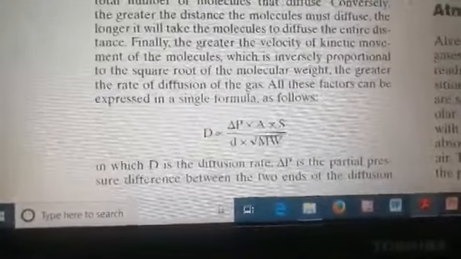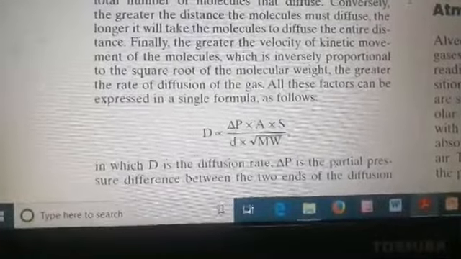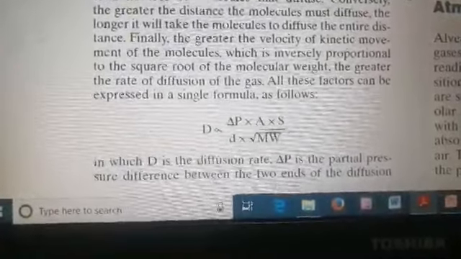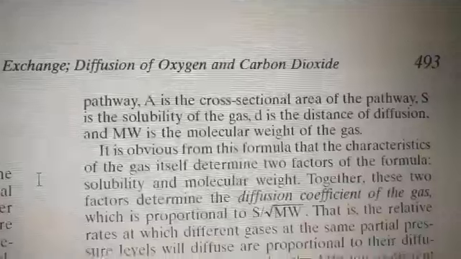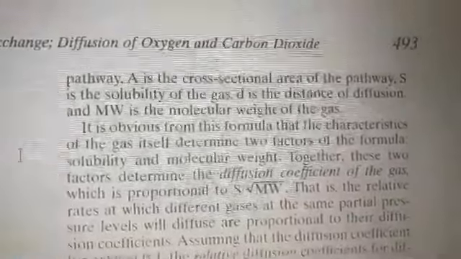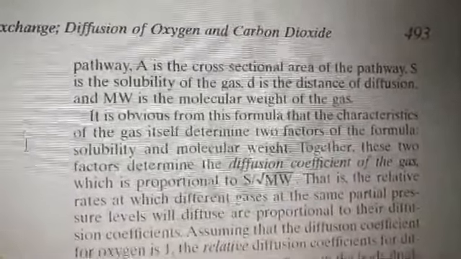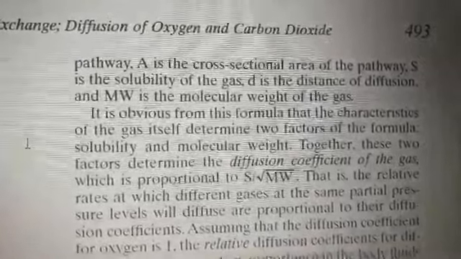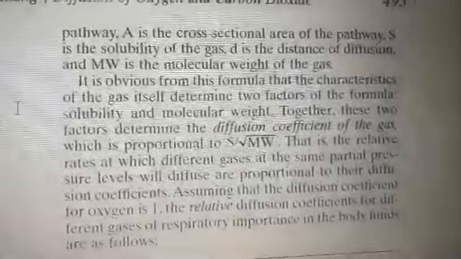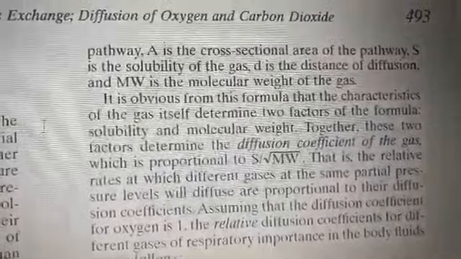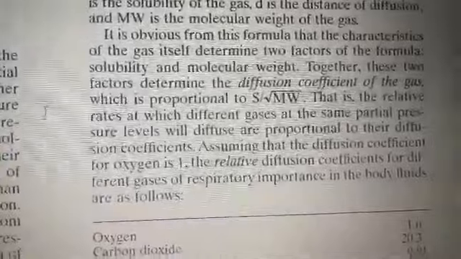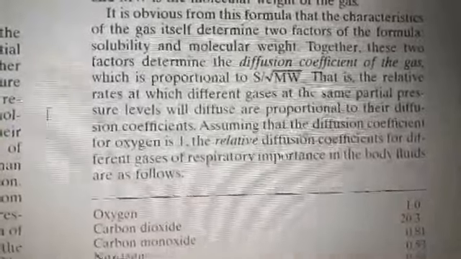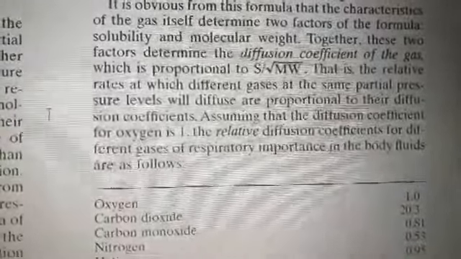this equation. You can see here the diffusion is equal to the partial pressure difference, and then A is the cross-sectional area, S is the solubility, D is the distance of diffusion, and MW is the molecular weight. So you can see here the relationship of all these factors with the diffusion, and then there are the diffusion coefficients.